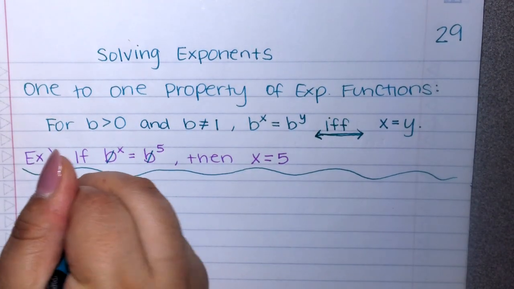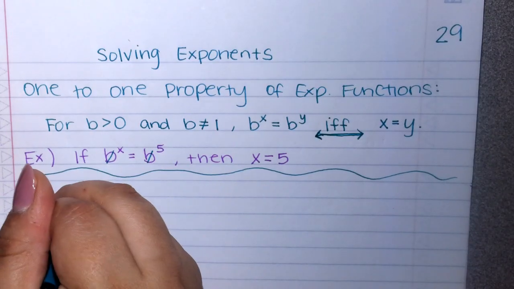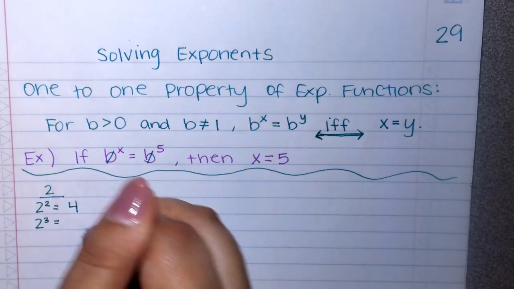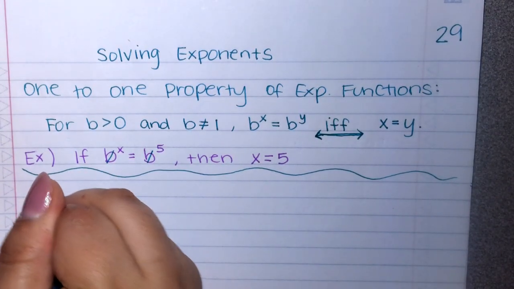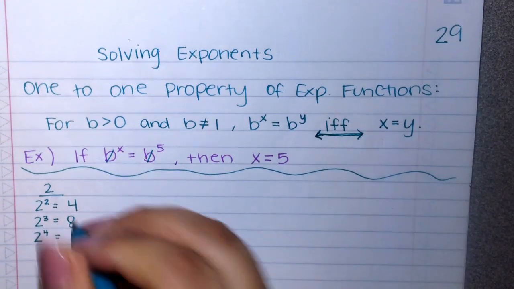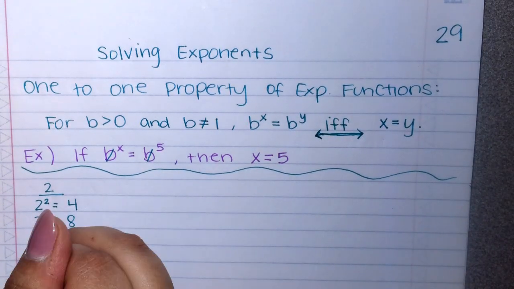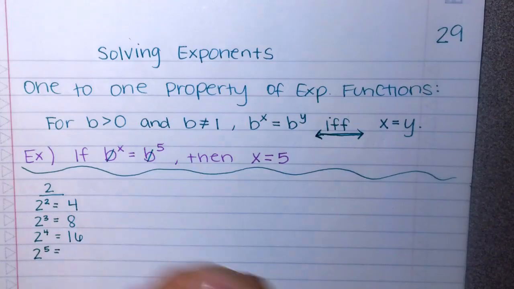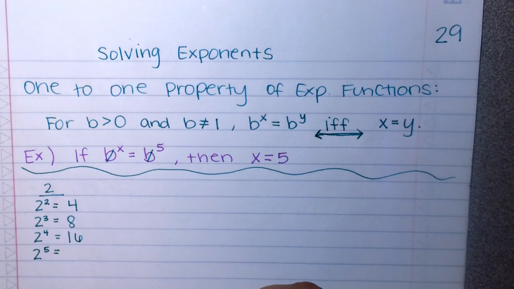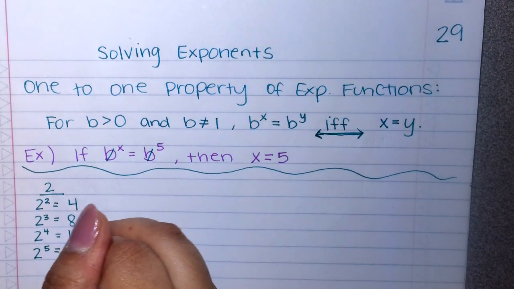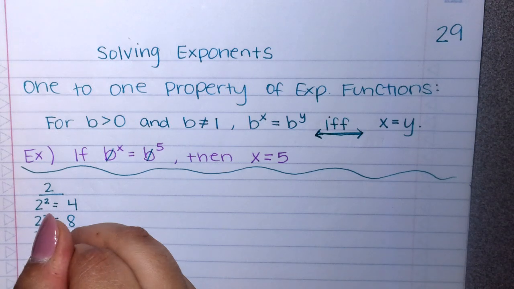What is 2 squared? 2 cubed? 2 to the 4th. 2 to the 5th. 32. And 2 to the 6th.